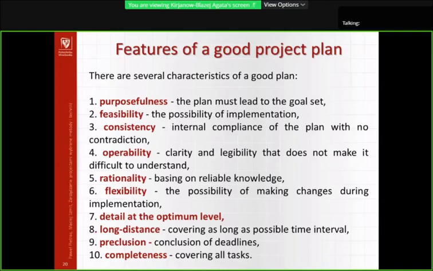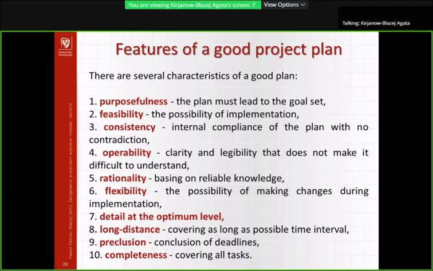Operability, clarity and legibility that does not make it difficult to understand. Rationality, basing on reliable knowledge. Flexibility, the possibility of making changes during implementation. Detail at the optimum level. Long distance, preclusion, and completeness.